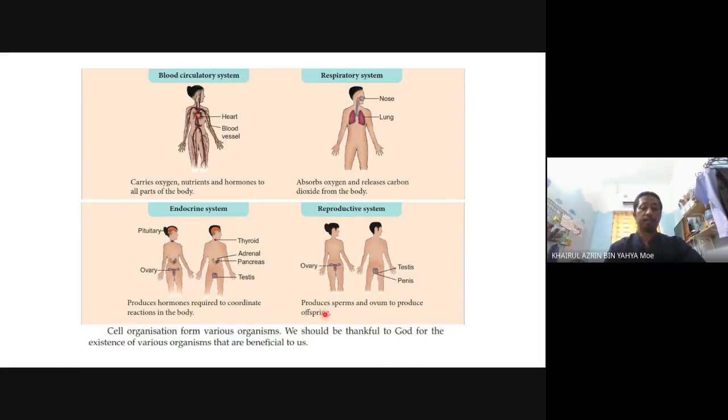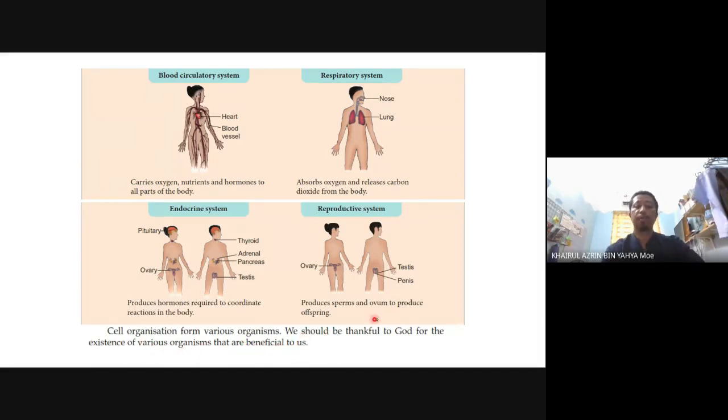Okay, so in conclusion, cell organization form various organisms. So we should be thankful to God. Kita sepatutnya berterima kasih, bersyukur kepada Tuhan for the existence of various organisms that are beneficial to us.